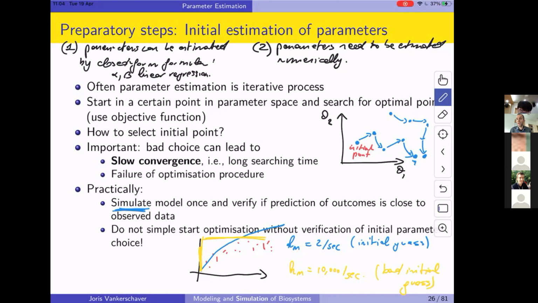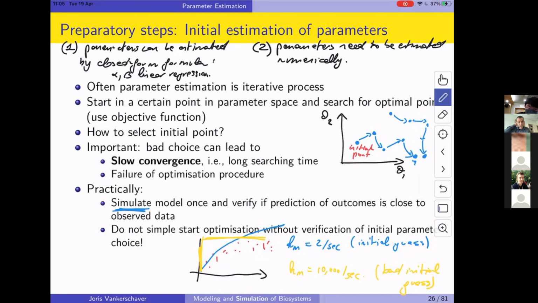So for your initial condition, you look at what the model would look like. If it's roughly the same as what the data looks like, then you're on the right track. If not, think maybe 10,000 wasn't such a great value. Maybe you should go back to the chemistry textbooks and find a more acceptable value.